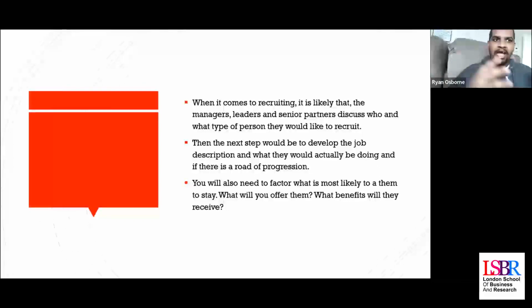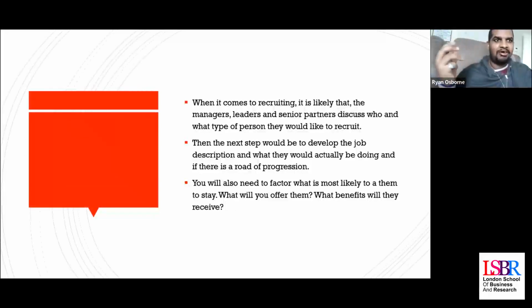That in certain cases, sometimes you may not be able to dictate everything, but we're looking at it from a management perspective. Let's look at it from a different angle now.